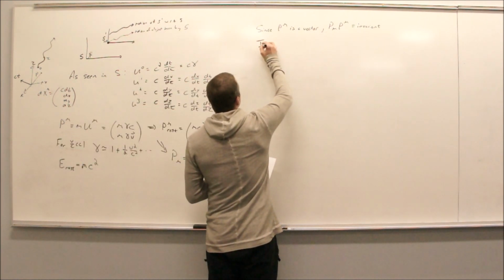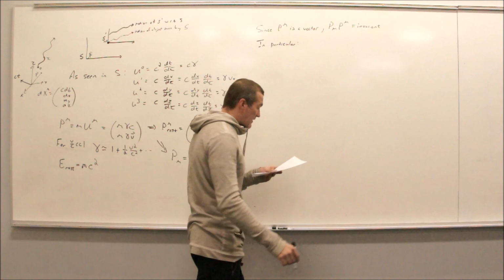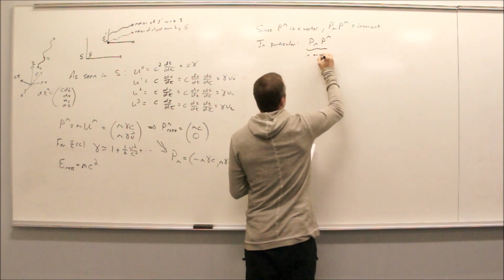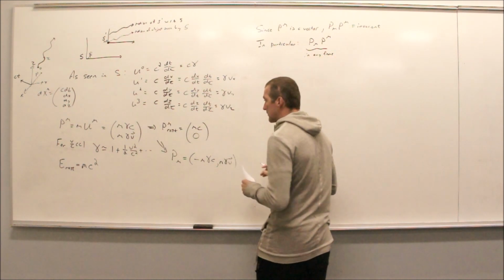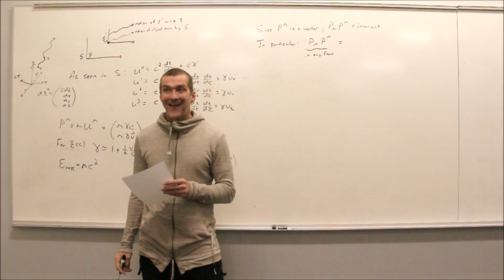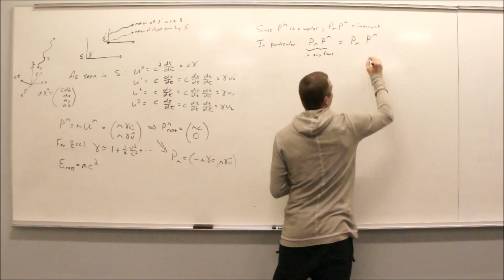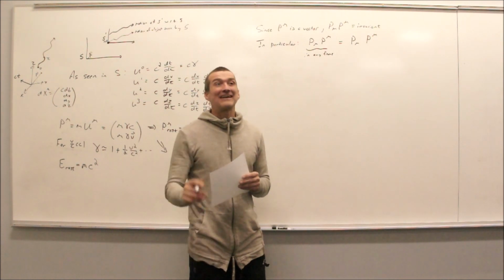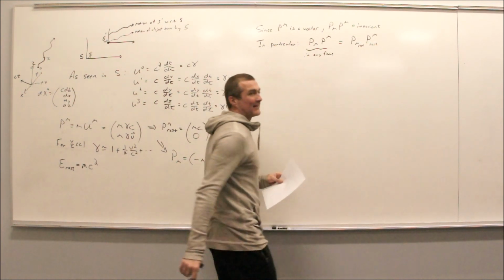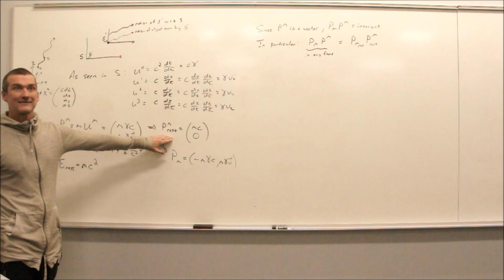Now, in particular, if P mu P mu is invariant, that means that P mu P mu in any frame is equal to, ready, P mu P mu evaluated in the rest frame, where things are really easy.